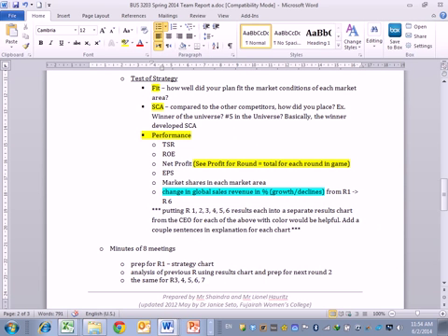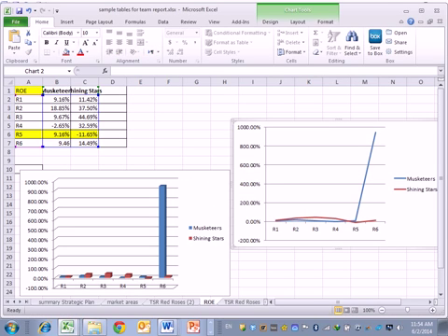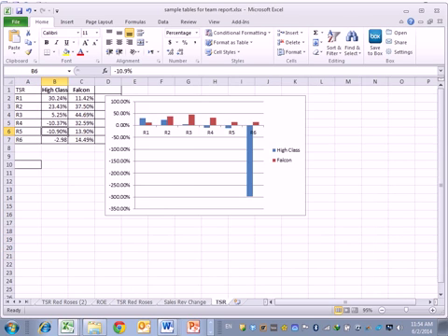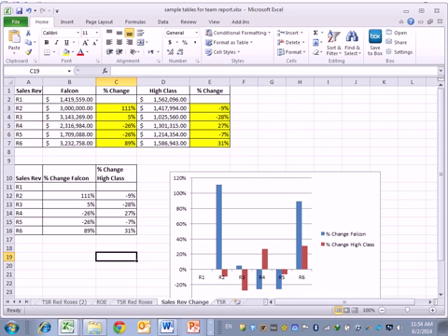Okay, net profit. Now you see the net profit for each round in each game. So where's your net profit? Let me see, do I have a chart for that? Okay, let me go to here.